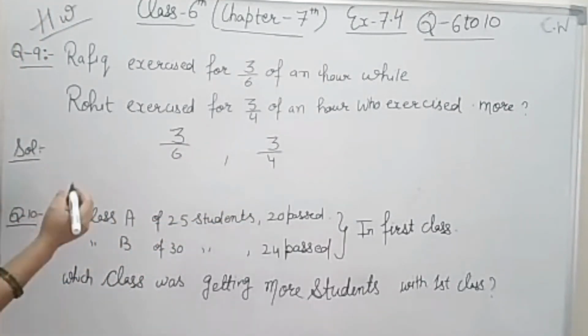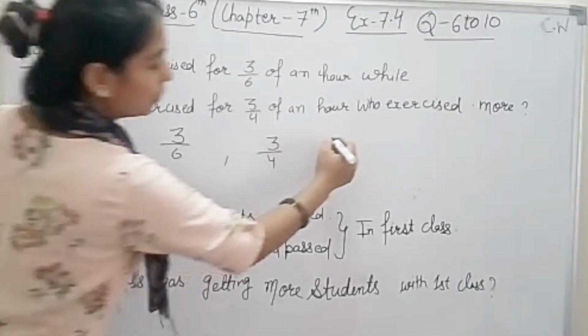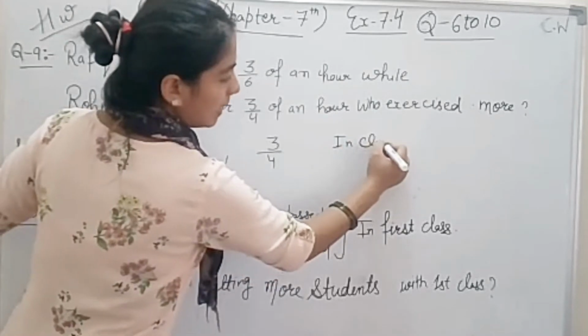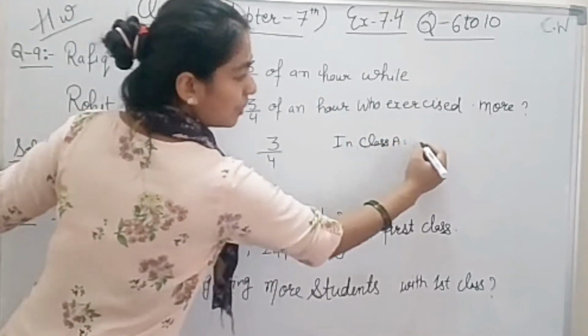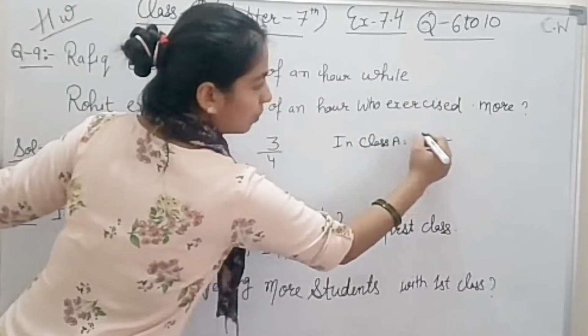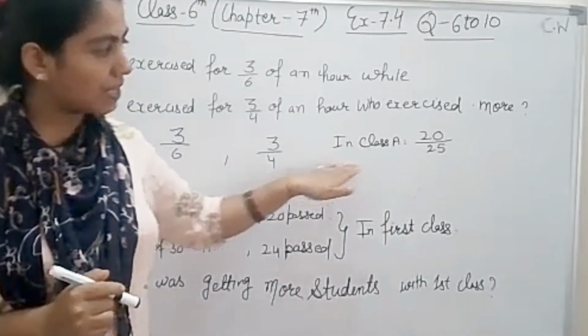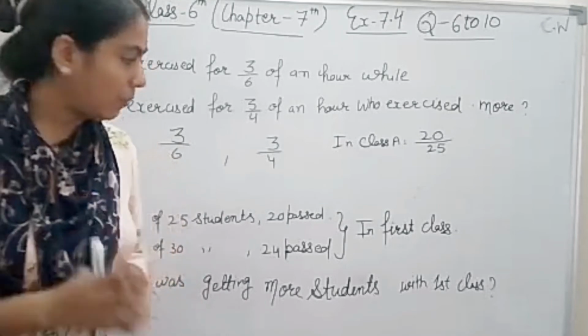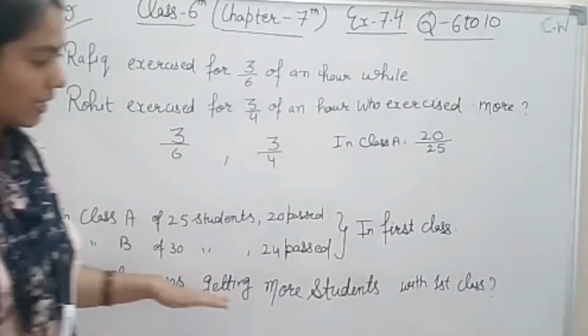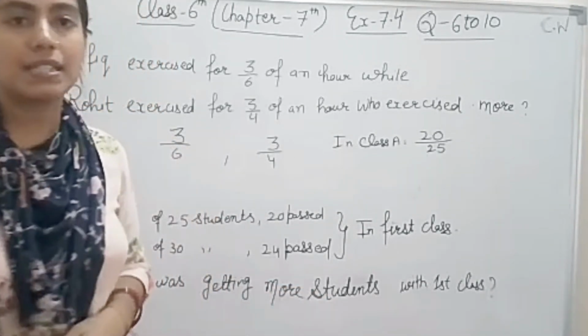How? In class A, how will you write it? Total students 25. Out of 25, 20 passed in first class. So likewise for class B as well. Now the question is, which class had more students with first class?